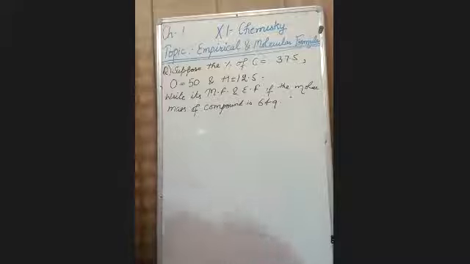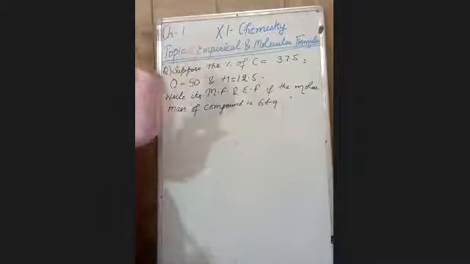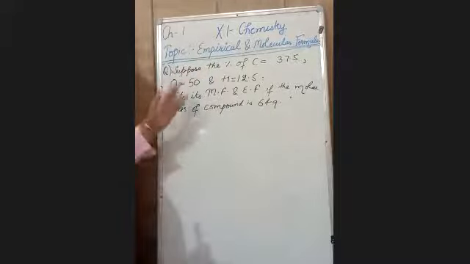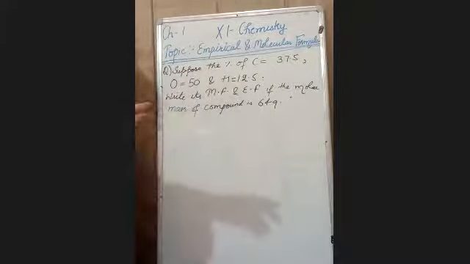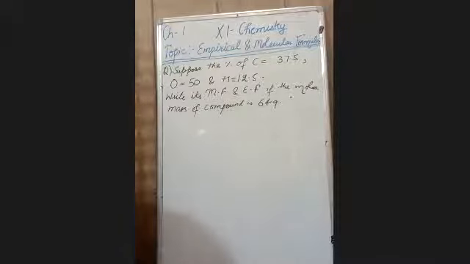Read the question once again. Suppose the percentage of carbon is 37.5, oxygen is 50, and hydrogen is 12.5%. Write its empirical and molecular formula if the molar mass of the compound is 64 gram per mole.